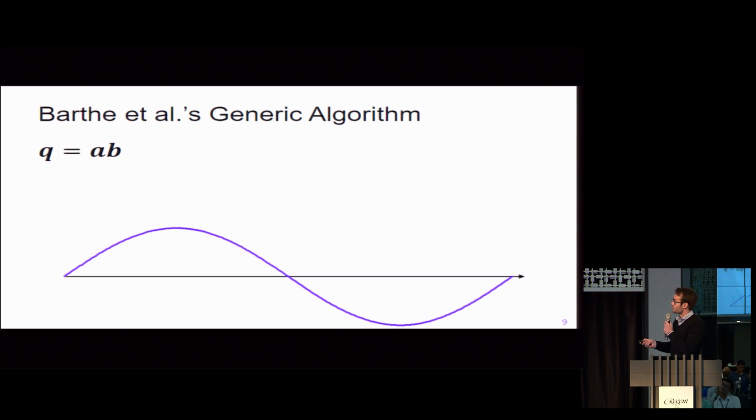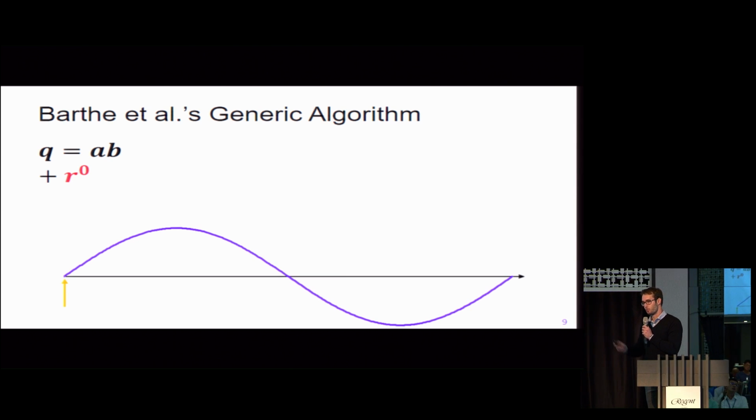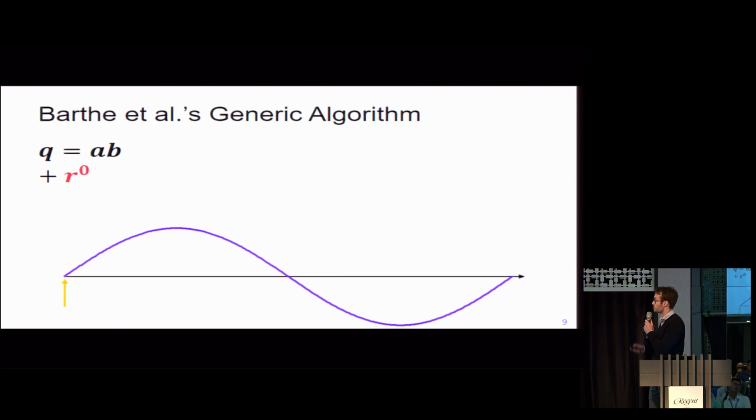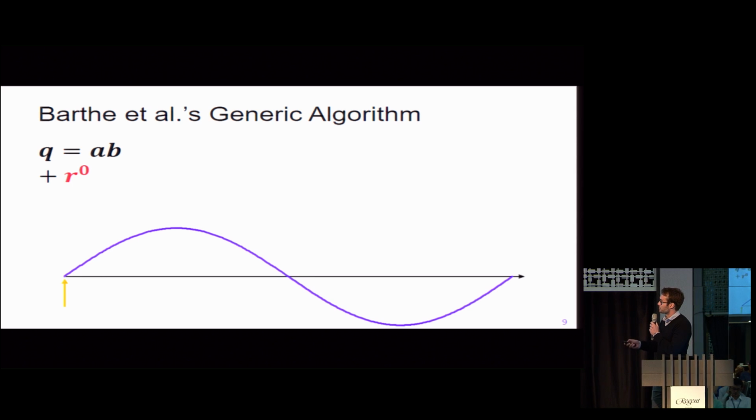This algorithm starts with a pointwise multiplication of the vectors A and B. This is what we call the inner domain shares. And then this algorithm does a repeating sequence to absorb all the terms we have from the multiplication. And this sequence begins with adding a fresh random vector R0.